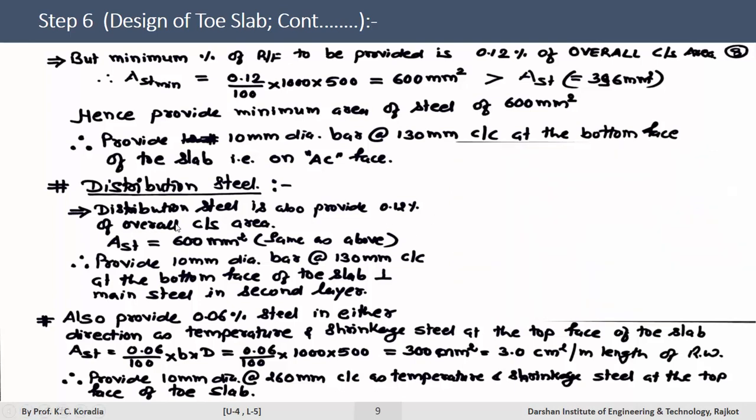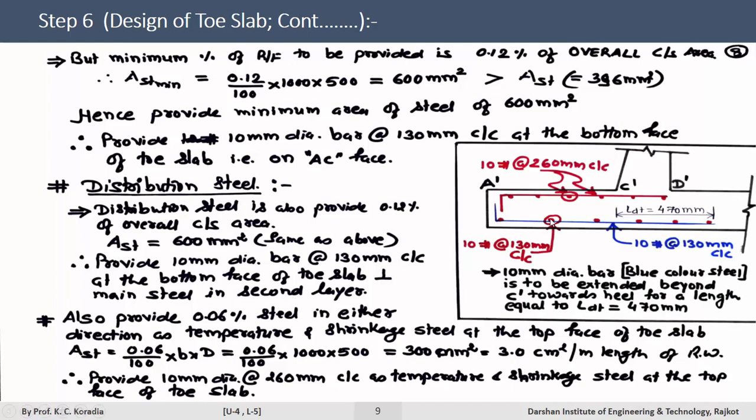Now, distribution steel is also provided at 0.12% of overall cross-sectional area, that is equal to 600 mm square, same as above. Again, the diameter and spacing are also the same as above, but this steel is provided at the bottom face, perpendicular to the main steel and in a second layer.